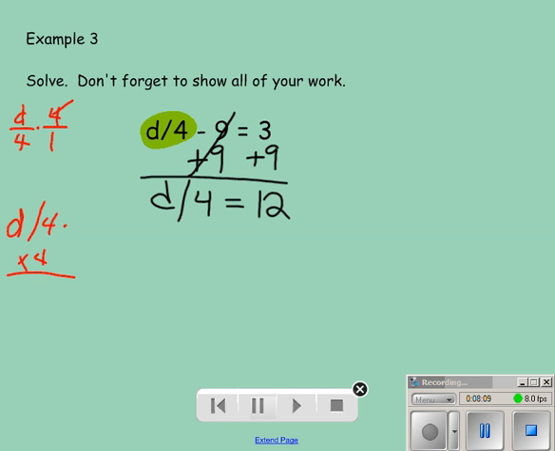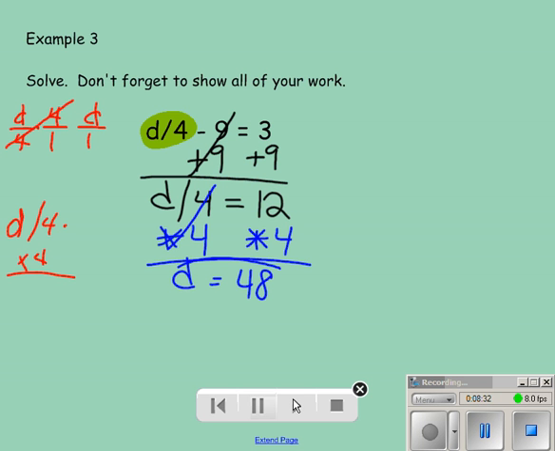And then you can cross those two out with the cross cancelization, and you have d over 1. Does that make sense? And that's how you're getting just d by multiplying by 4. So if we do both sides times 4, we have d equals 48.